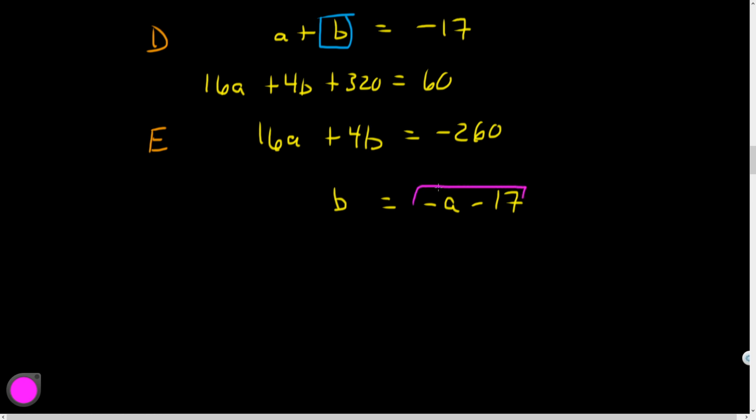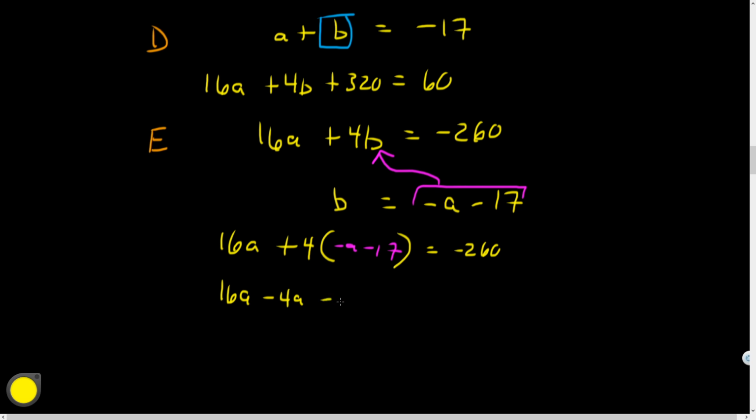And then I could plug this in for this equation's B. 16A plus 4 times that equals negative 260. So minus A minus 17. 16A minus 4A minus 68 equals negative 260.